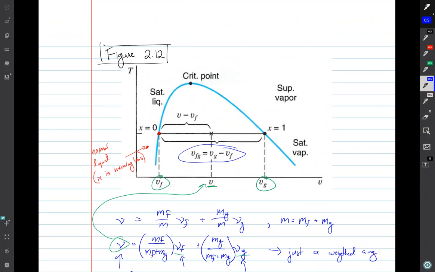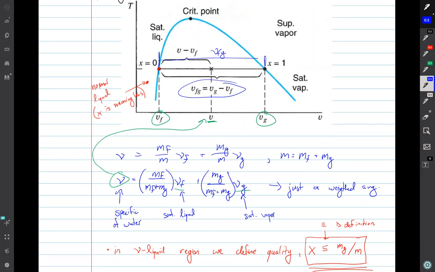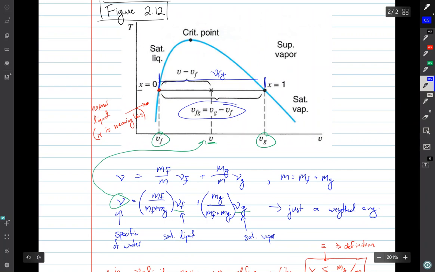So VFG is just the distance from here to here, so that's VFG. And we define quality to be the mass fraction of the vapor phase, so it's saying how far along this line are we? Are we 80% of the way? Are we 90%? Are we back over here only 10%?